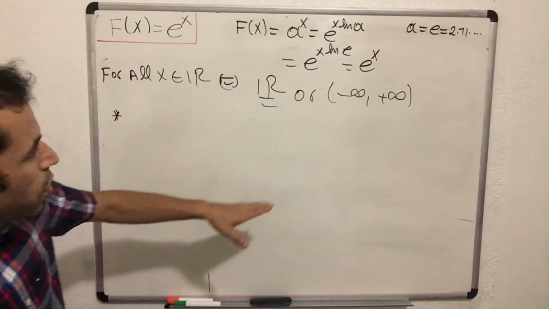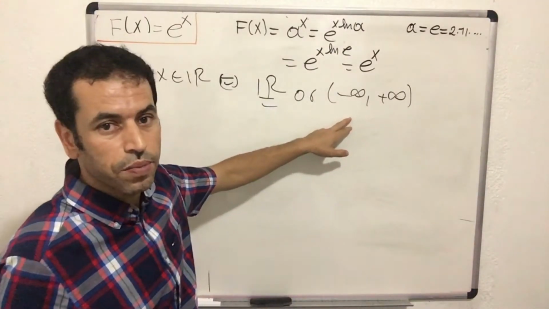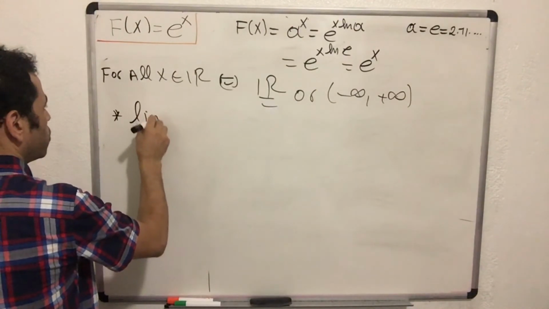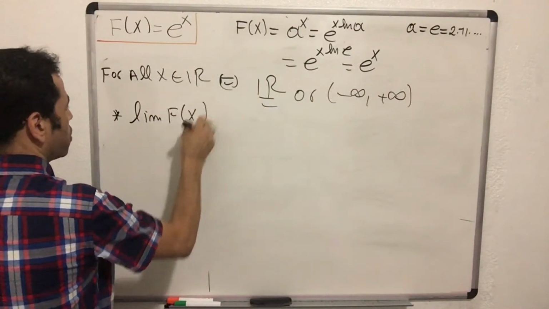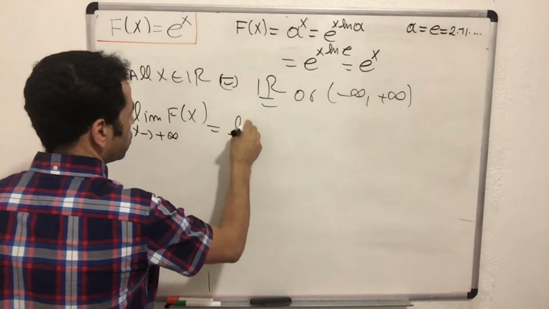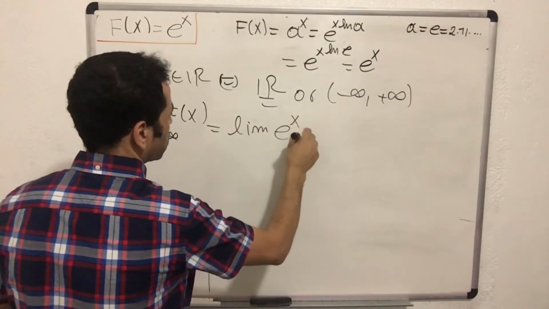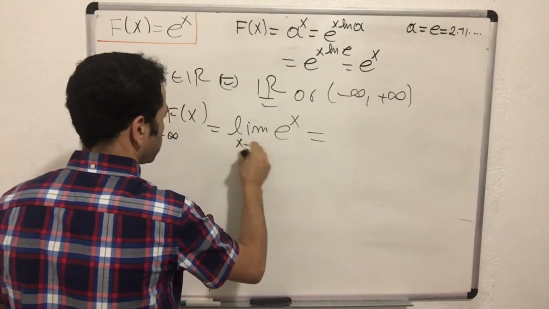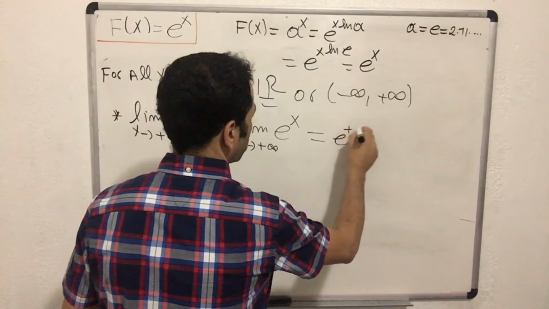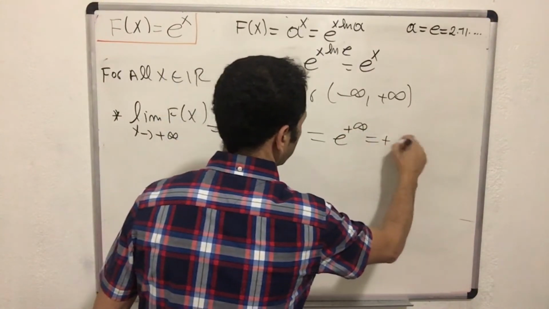So let's move on to calculate the limits at minus infinity and plus infinity. The limit as x approaches plus infinity of exponential x is plus infinity, right?